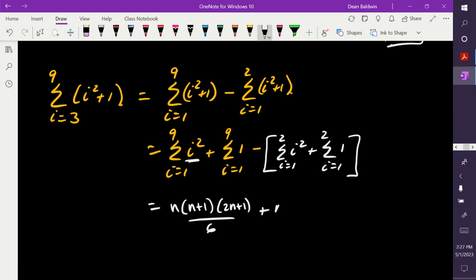I'm going to write the n's and then we'll fill them all in afterwards. Minus the one for i squared. I'm going to do it in blue: n plus 1, 2n plus 1 over 6 plus nc.